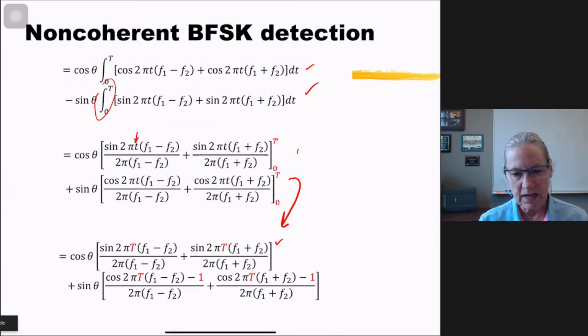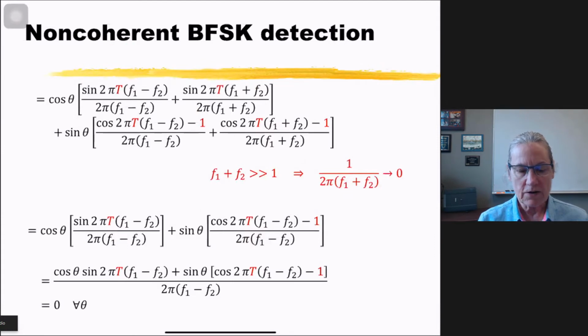The same thing applies to the sine, except that you can see that in some cases we're subtracting 1, because that was when we had cosine of 0. Okay, so we have a simplification here. And remember, what we're trying to do is find what choice of f1 and f2 will assure that this is 0.